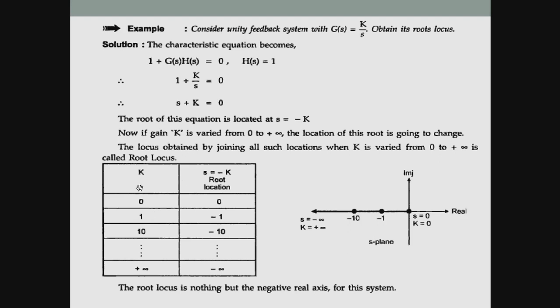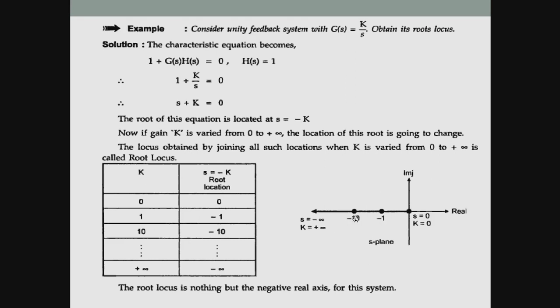So what is happening here? Let us try to get its root locus. Here s equal to minus K. If I take K value equal to 0, then s would be minus K. So what is exactly happening?